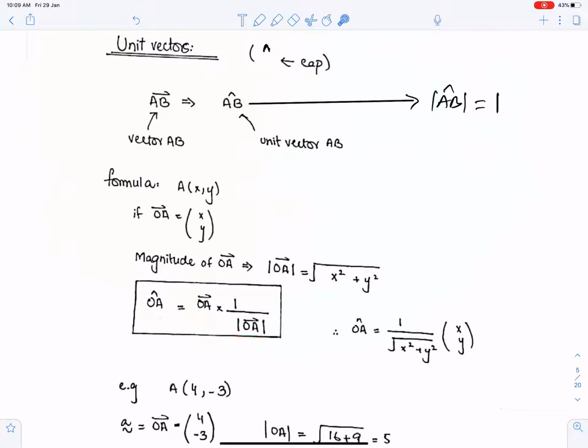If you divide a vector by its magnitude, then you get the unit vector. If you divide xy by this magnitude, then you will get the unit vector OA like this. You can write xy here as well, xy upon its magnitude. They both mean the same thing. You are dividing xy by its magnitude.